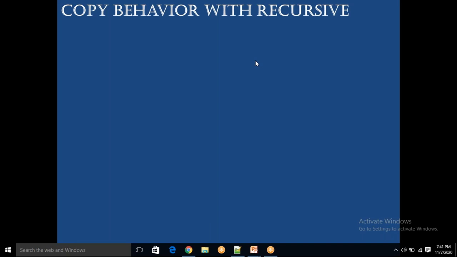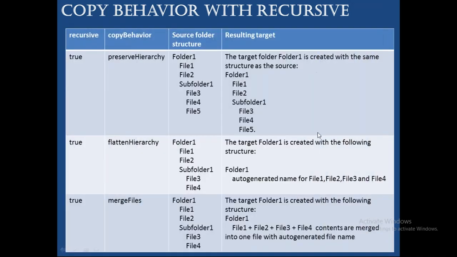Now, if you enable these two things, you will have all these options. All these options we will see one by one. So recursive is true. If you enable the recursive option, and you select copy behavior as preserve hierarchy, then let's imagine here we have a folder structure called folder 1, file 1, file 2, subfolder, file 3, file 4, file 5.